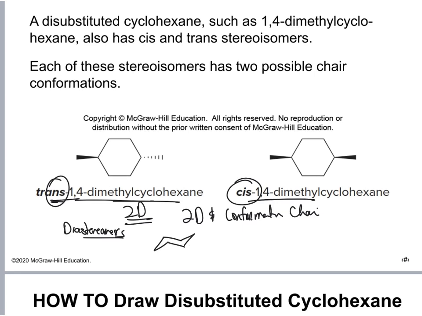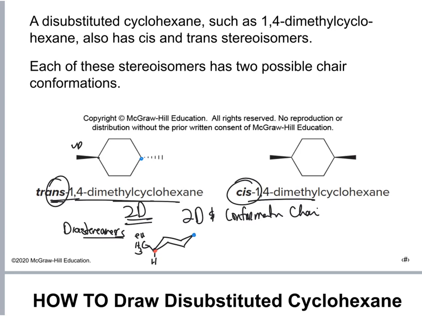Now, how would you draw this in a chair? Okay, so this is 1 and 4. So if you're going to make this up, and you got to make it equatorial, maybe, right? There's hydrogen. That's CH3. That's equatorial up. That's carbon number 1. So now let's go get carbon number 4. 1, 2, 3. There's carbon number 4.